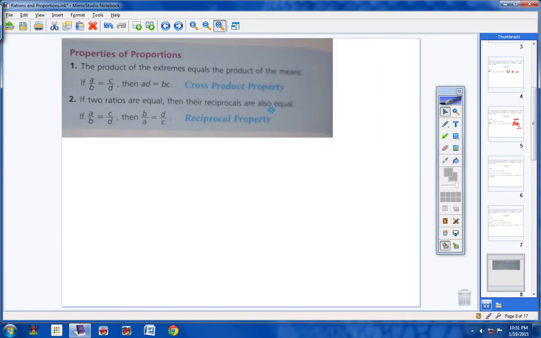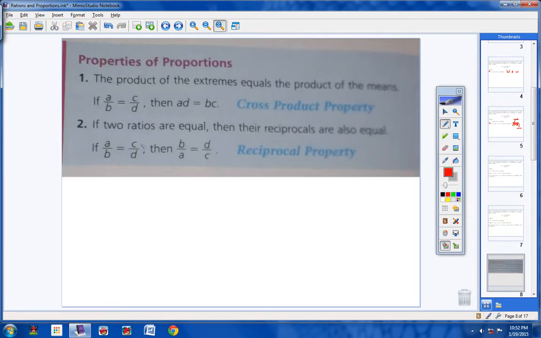Also, in your book, you'll notice they have this next property, which is called the reciprocal property. But look how funny this is, guys. If A over B equals C over D, then if they flip the two fractions, B over A equals D over C. Well, to that, of course, I say, duh. It's just so obvious. Look, 1 over 1 half equals 3 over 6.